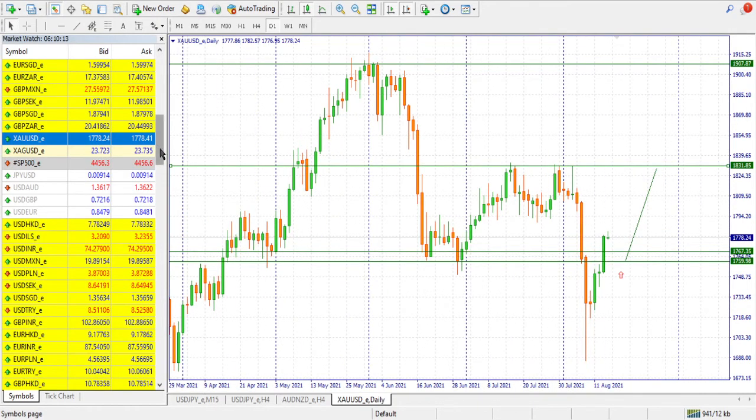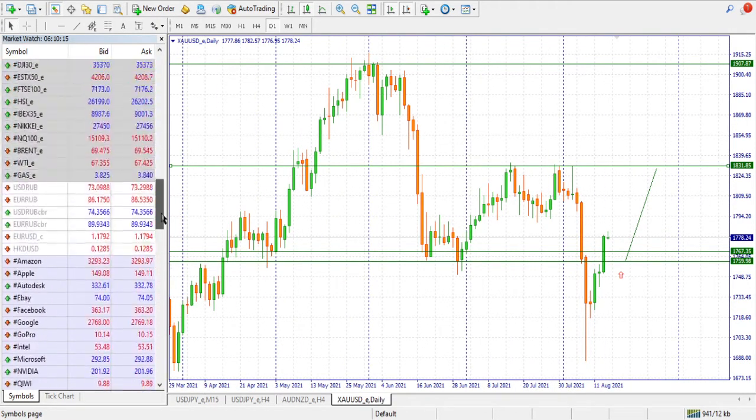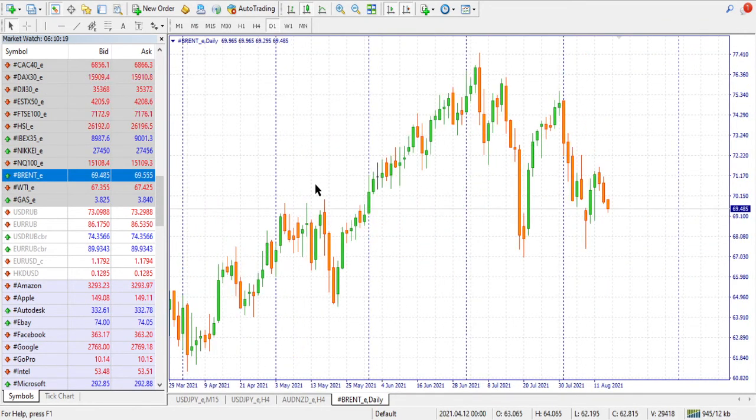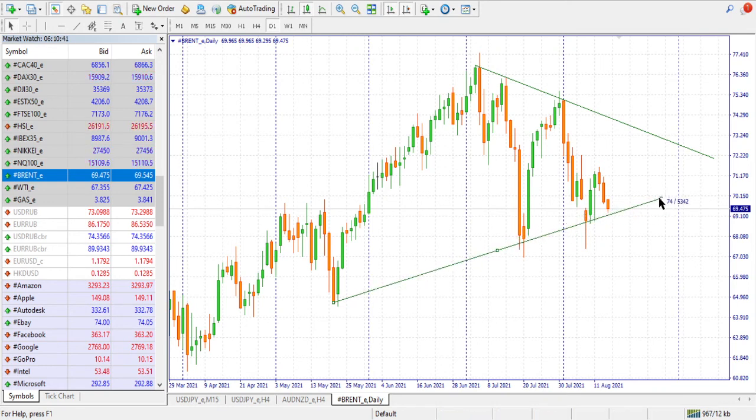And the last symbol for the day is Brent oil. Brent oil, so far this chart is within a contracting wedge formation on the daily time frame. We have this, and then we have this. So this is a support.